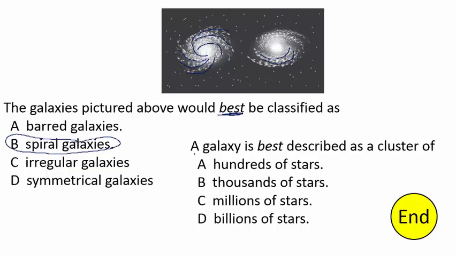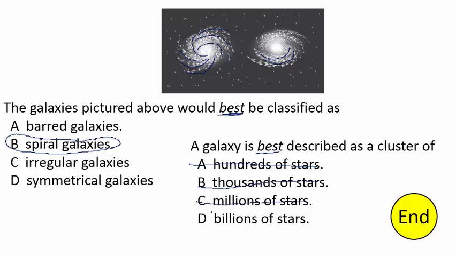Two-part question here. A galaxy is best described as a cluster of, well, how many stars do you think are in a galaxy? I'm just going to tell you, it's a lot. It's not hundreds. It's not thousands. It's not even millions.